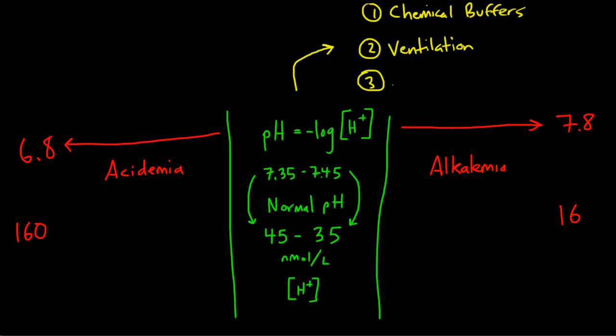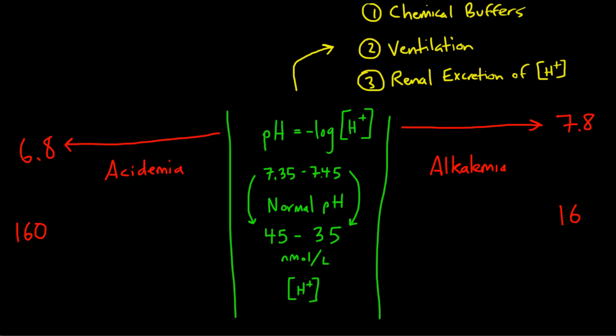And three, renal excretion of acid. And through this series, we're going to cover each of these mechanisms. So first, let's talk about the chemical buffers.